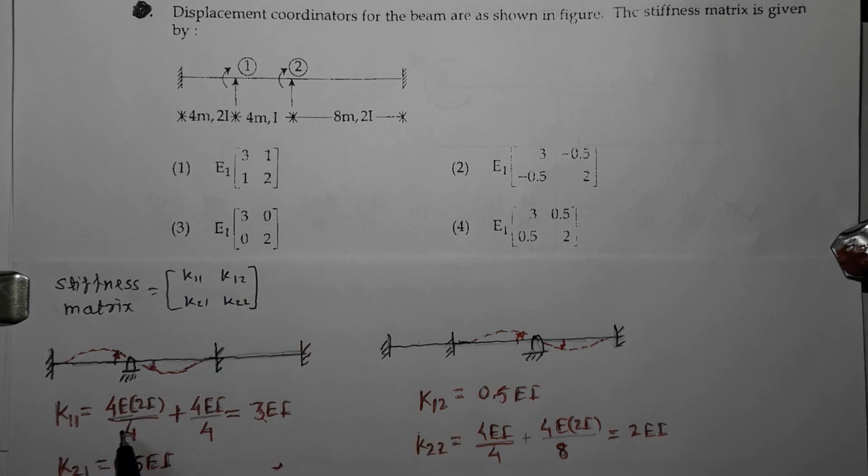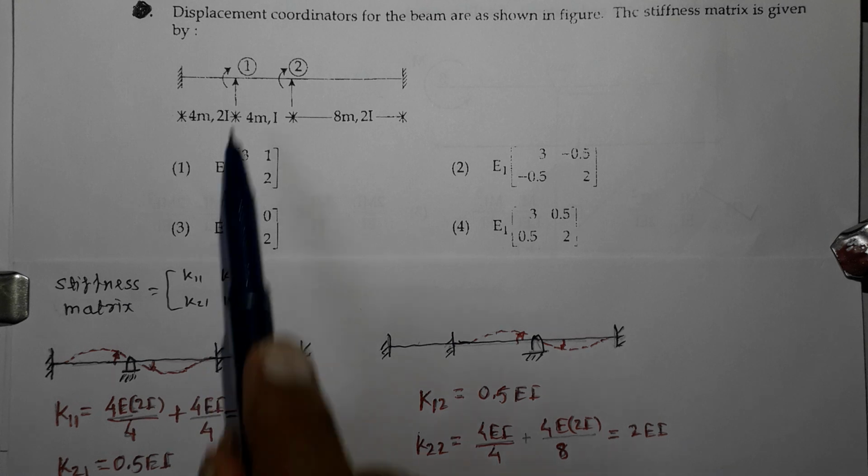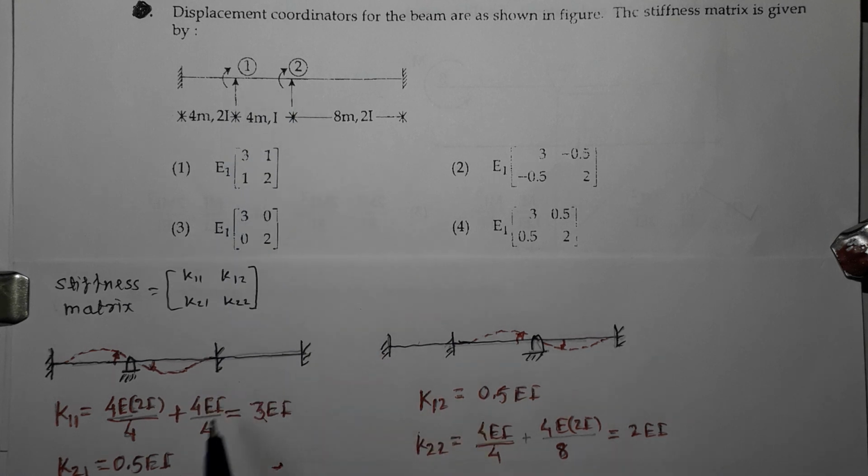So 4EI upon L, I am using 4E into 2I divided by 4, L is 4. Plus for the right span, means this span, the span is 4 and I is only I. So it is 4EI upon L. The total stiffness is 3EI. Means to produce unit angular displacement or rotation over here, the stiffness or the resistance is 3EI.